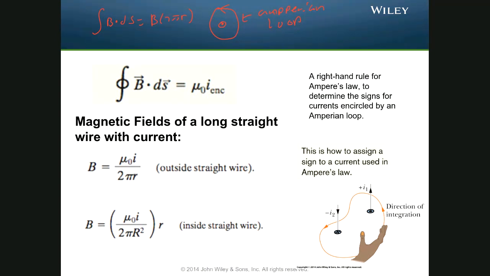And in this case, it's very easy because B, with the current, is always going to be in the same direction as the loop that we're going around. So that's going to make this a very easy evaluation of this closed loop integral, right?